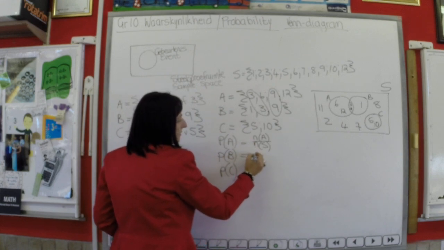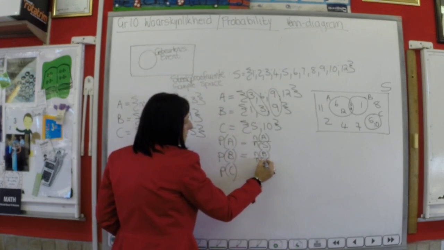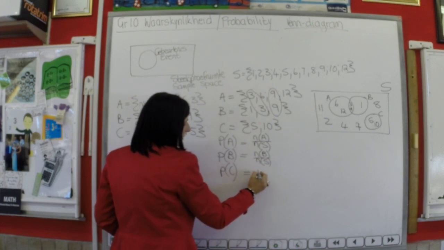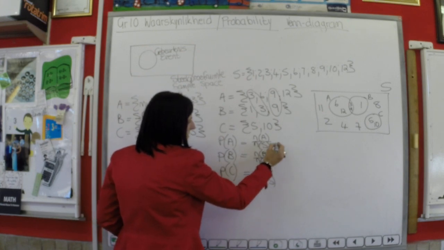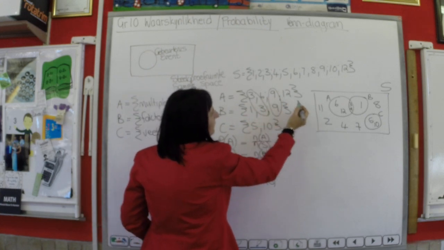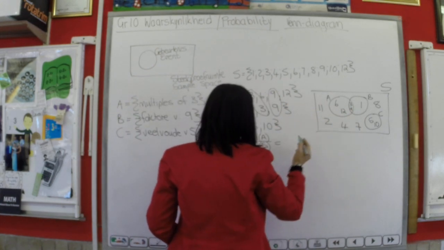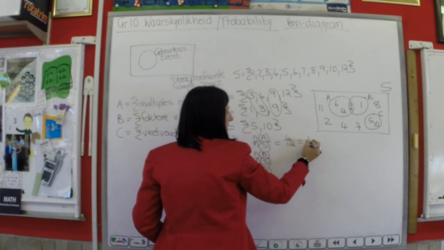Probability of B, number in B on the number in the sample space. Probability in C, number in C on the number sample space. So, kom ons gaan kyk. In A is daar 1, 2, 3, 4. So it's 4 out of 12 en dit gee vir my 'n derde.